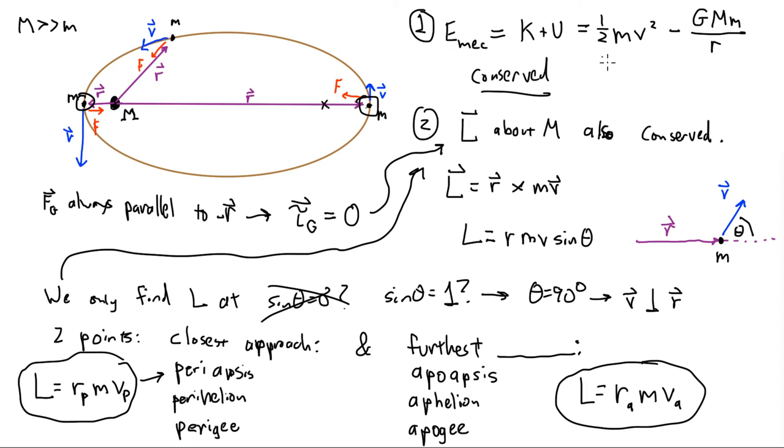So for E_MEC, you can plug in v_a and r_a, and also v_p and r_p for mechanical energy at apoapsis and at periapsis, and then you have another equality. This doesn't necessarily look pretty, but it will work, and you can use it to find things. So in the next video, I'm going to try to do a sample problem about Halley's Comet and show you how you might make use of this.